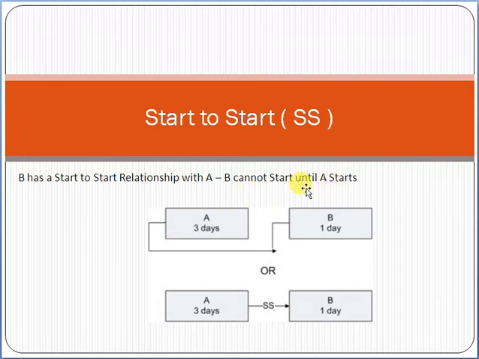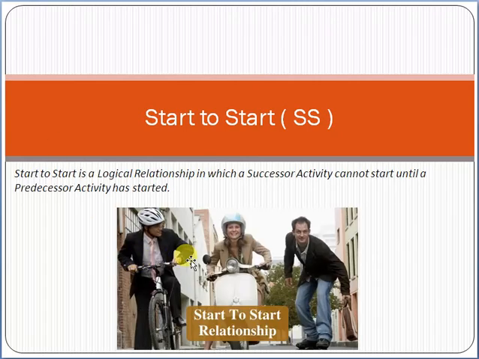A is one activity, and B is another activity. B will start when A starts. This is very easy. B will start only when A will start. When A starts, then B will start.